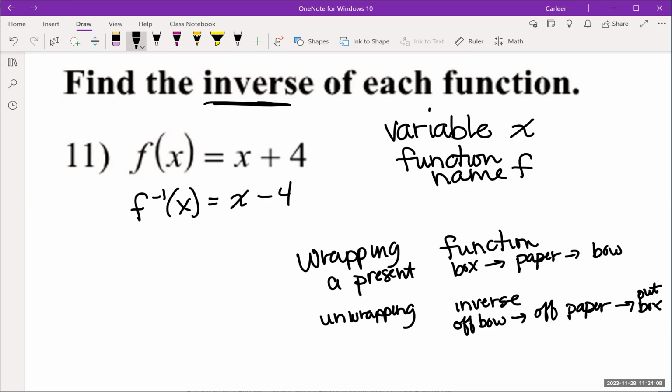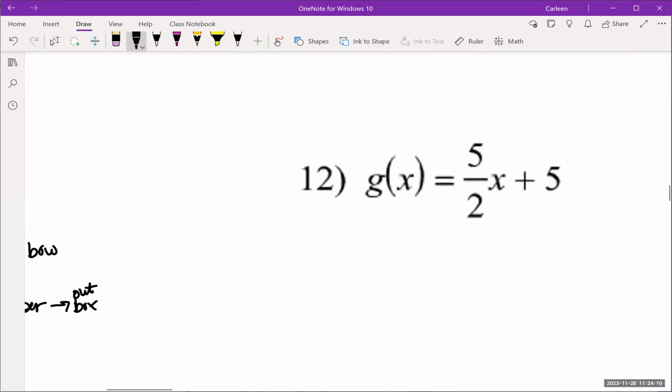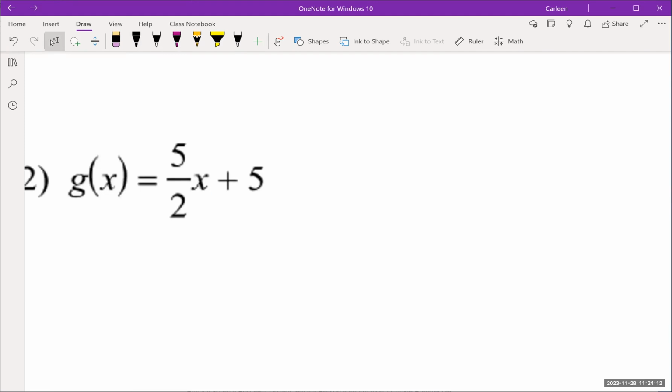Now, if there's more than one step, can you see that subtracting is going to be involved somewhere? I want to find g inverse of x, but there's more than one step, so I have to use this procedure.